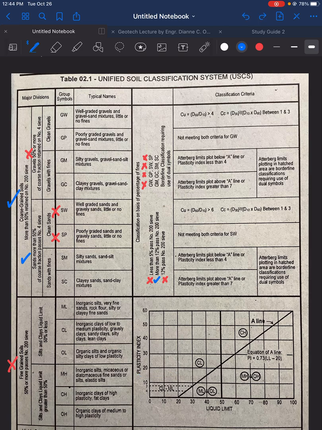Okay. How about liquid limit is 46, so around here. Okay. So if we plot it, it is 17, so it will be here, and then 46.